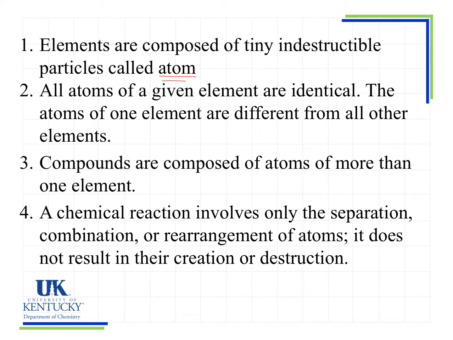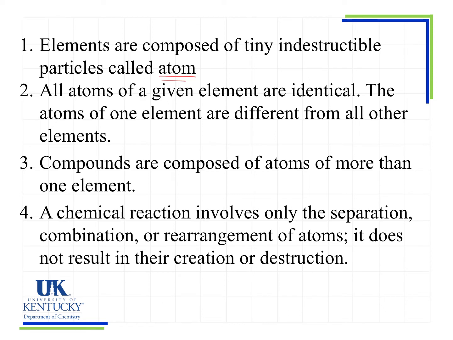You have to know that of these 4 statements, not all of them are still true. The first one says that if you have an element, anything from the periodic table, and you separate everything down to the smallest part, there is an indestructible particle which is called an atom.